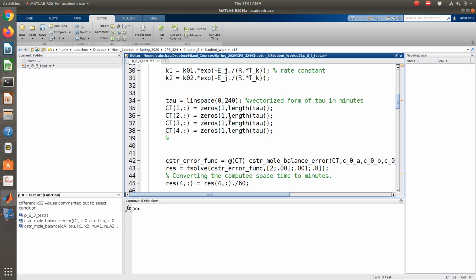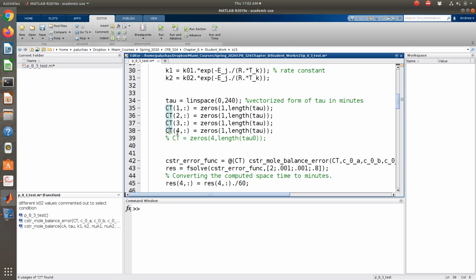You're doing this 4 times, and the number of rows you have is going to be the same as the number of elements you have in that tau vector. Okay, but you can also do CT is equal to zeros 4 comma length tau, right? If you wanted to accomplish that in one command, okay, but that's not necessary.